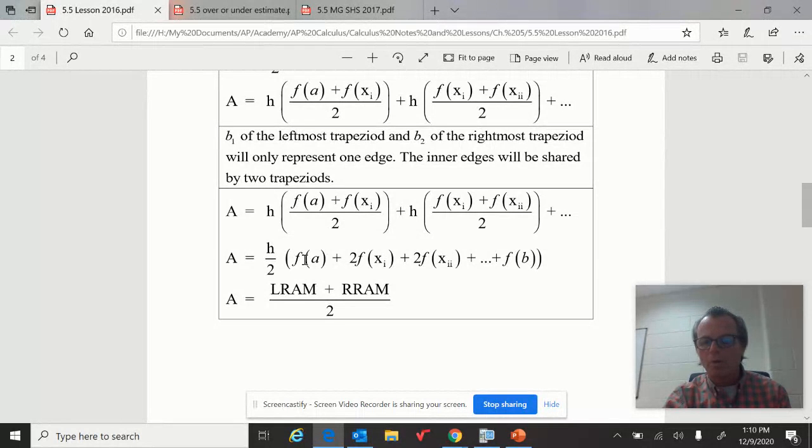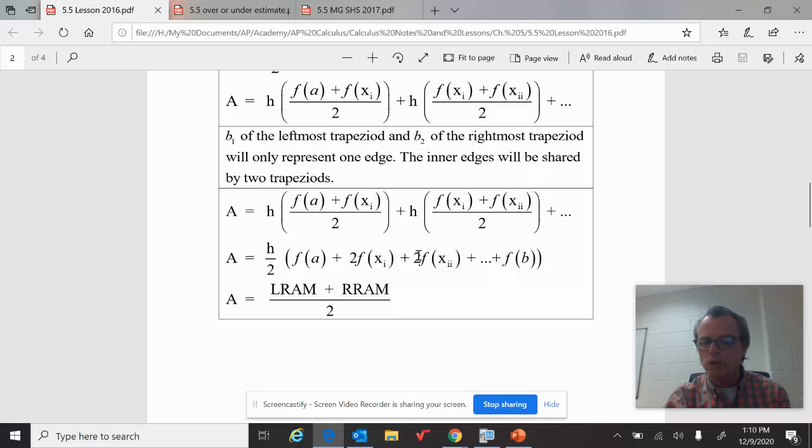So it would bring you to this, and if you notice in this expansion, these interior bases are shared by multiple trapezoids. It is only the leftmost and rightmost bases that are in here once. Everything else is shared by two trapezoids, so we can count it twice.